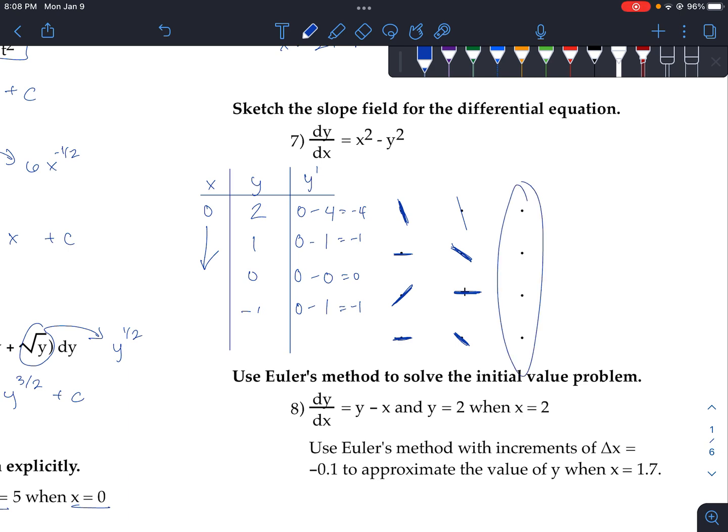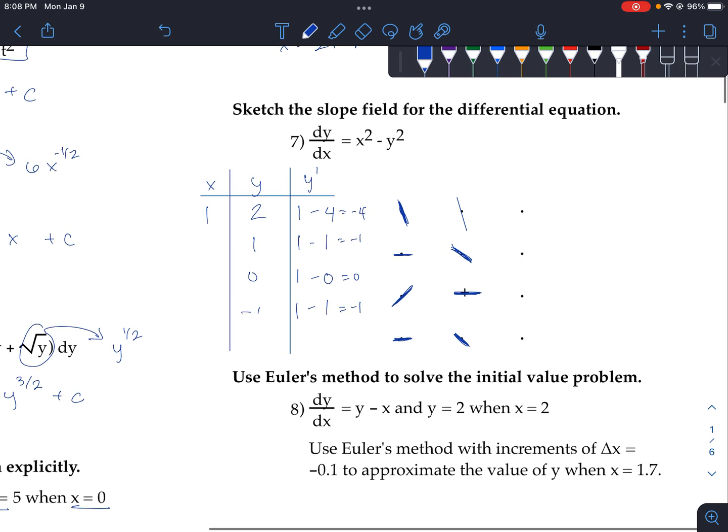And then for this one right here, x is going to be equal to positive 1. I'm just going to change this part, because that's always going to be minus 4, minus 1, minus 0, minus 1, and then 1 squared. So if I plug in 1 for x, 1 squared is always going to be 1, so 1, 1, 1. Okay, let's go and change this right here.